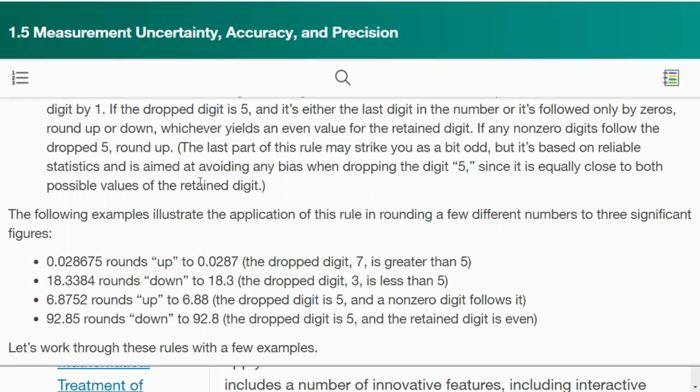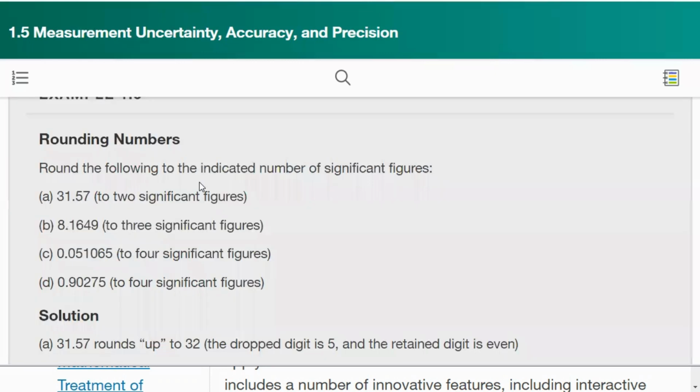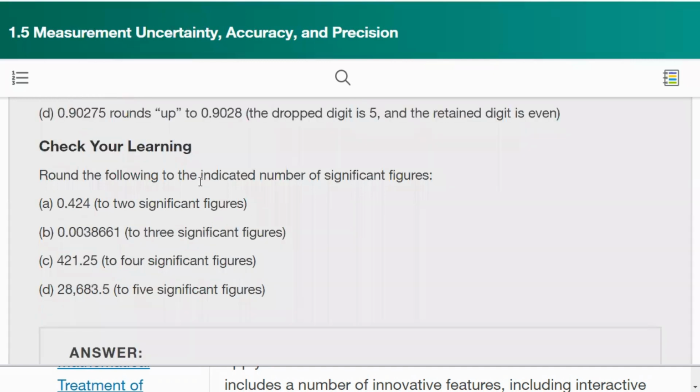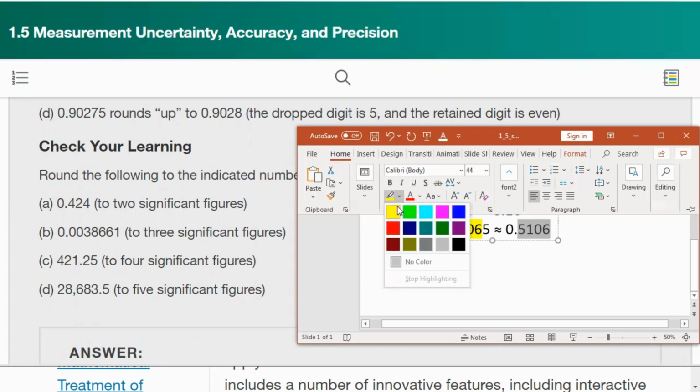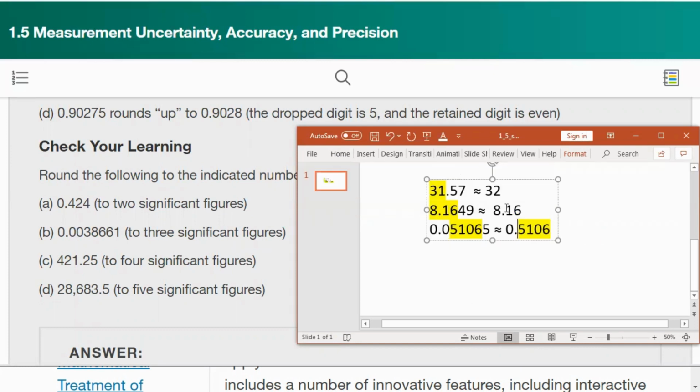Okay, round up or down, whichever yields an even number for the retained digit. So we want to retain the digit, and it has to be an even number. So 0.051066. And just to color code things a little bit, I'm going to color code the significant figures.